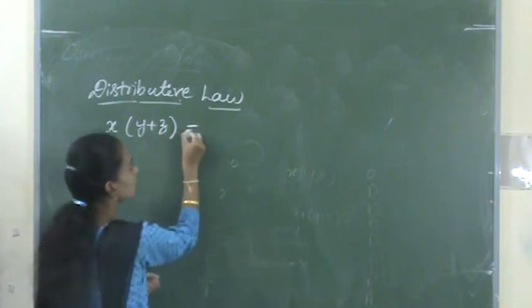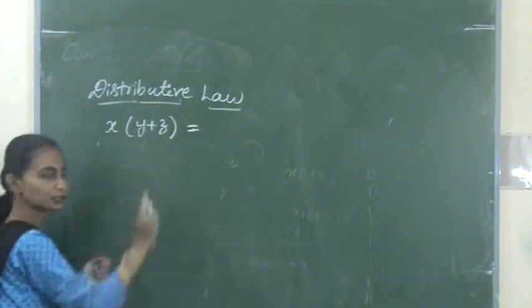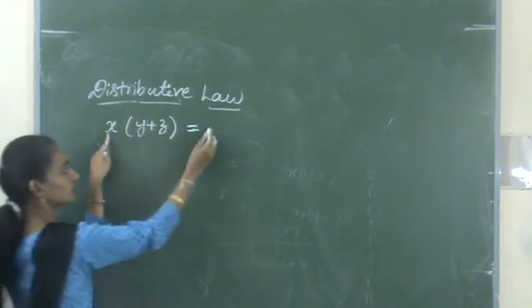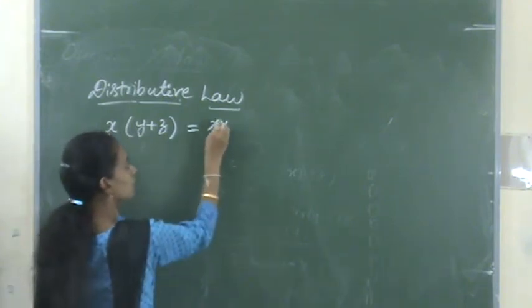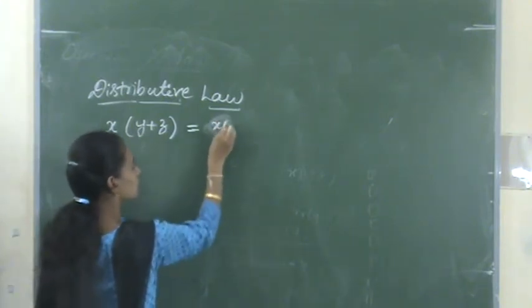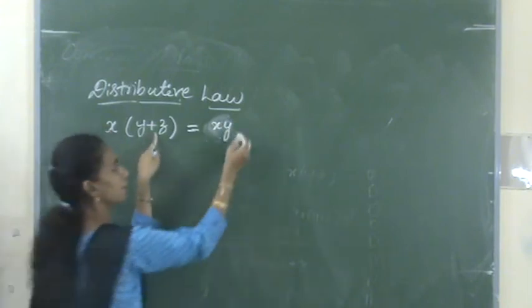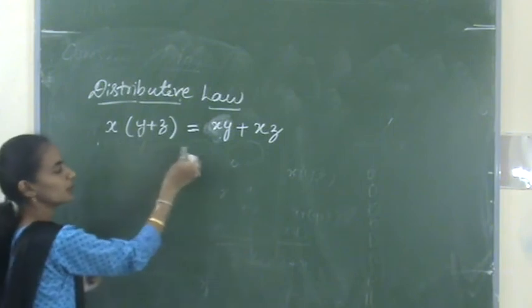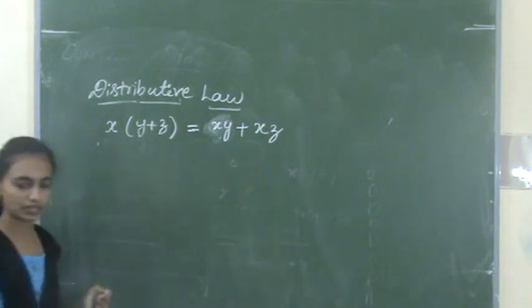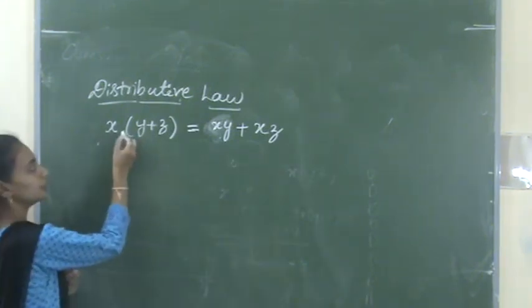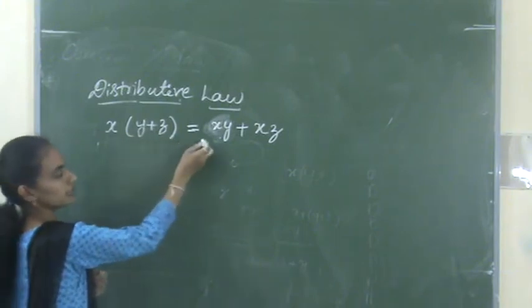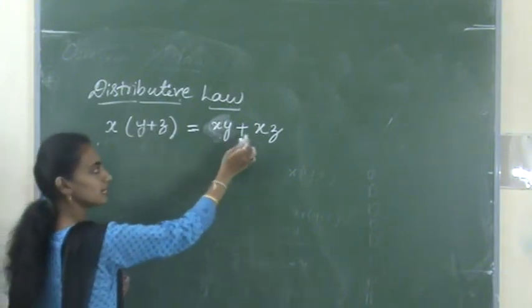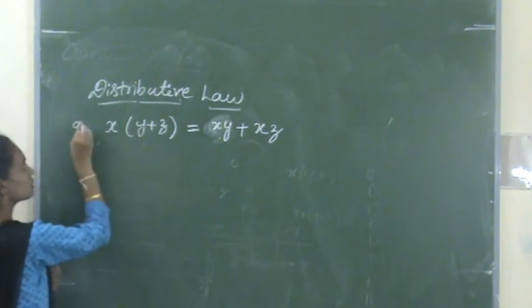So this is equivalent to x into y plus x into z. So this will be equivalent to this result. Okay. So x into (y plus z) is equal to xy plus xz. So this is one theorem.